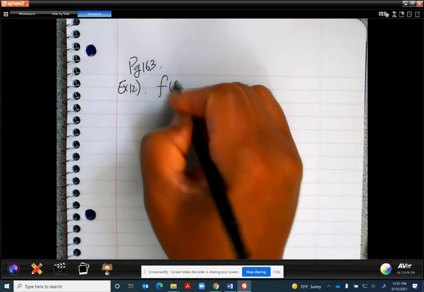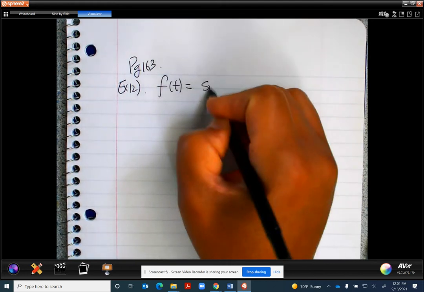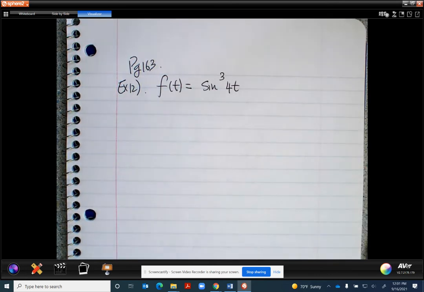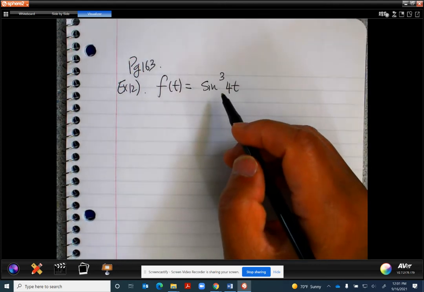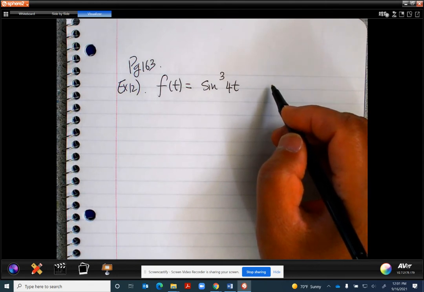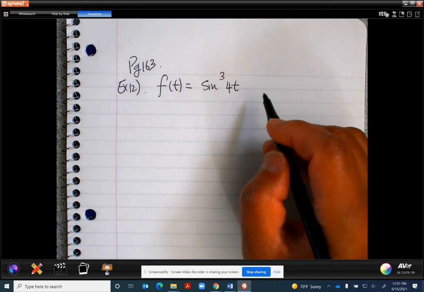It says f of t is equal to sine cubed of 4t. Now again, it could be any variables. It doesn't have to be t, but usually we use t for time, t per second, or something like that. Usually trig functions are written this way, but if you want to use chain rule, you need to learn how to use parentheses around some parts of this trig function.